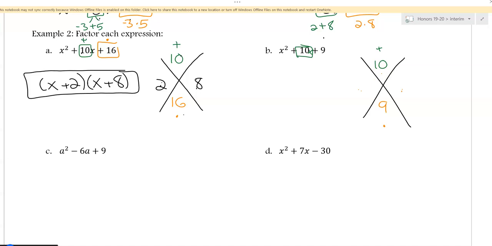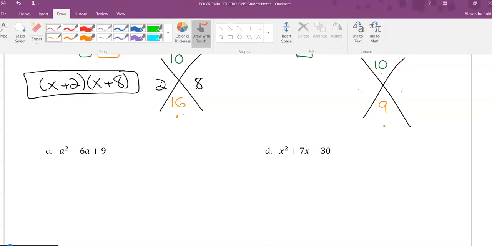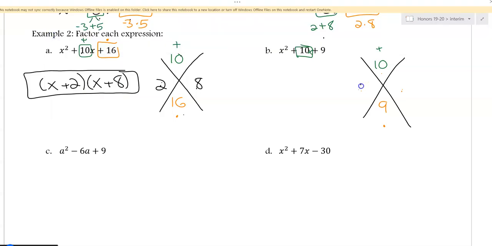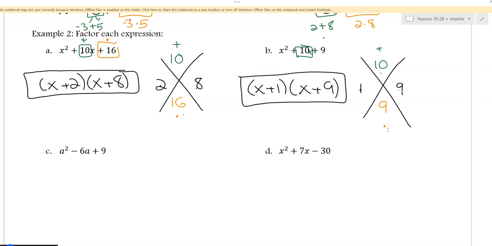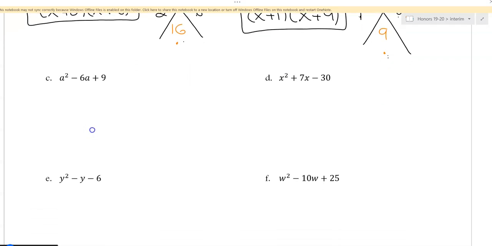All right, looking at part C, a squared minus 6a plus 9. So it doesn't matter that it's an a now instead of an x, but that's okay. So now I am adding to negative 6. Switch colors, sorry. And we are multiplying to 9. So now again, I can think 3 times 3 and 1 times 9 are my factors of 9.